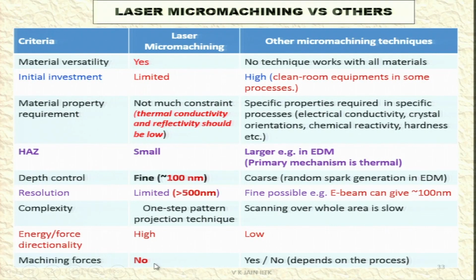Machining forces are almost nil, because only thermal load is there, no mechanical forces. But in some cases, mechanical forces are there, just like turning, milling, etc., or even in some advanced machining processes, some forces are acting.